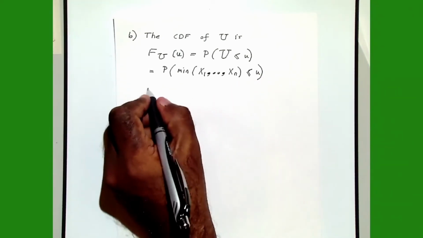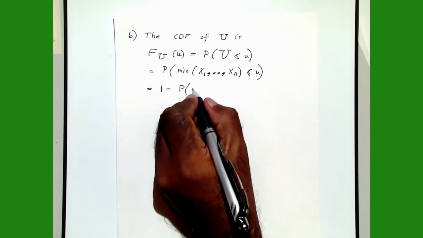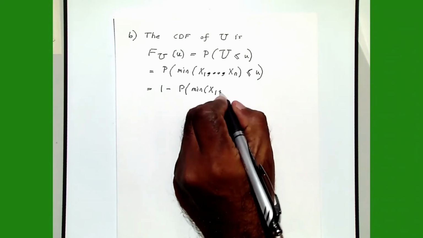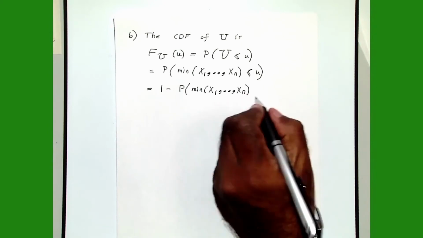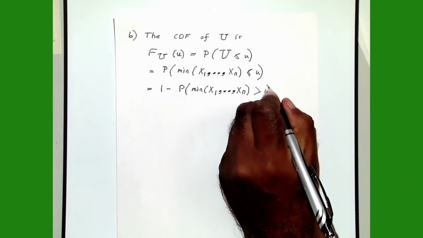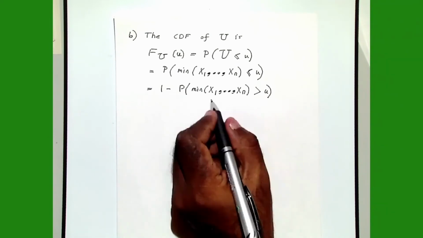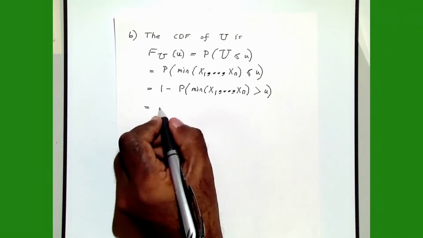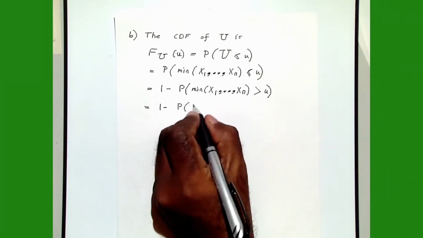And this you can write as 1 minus the probability that the minimum is greater than u. Right? Now if the minimum of these numbers is greater than u, then each of the variables has to be greater.